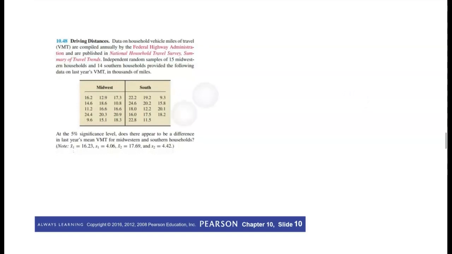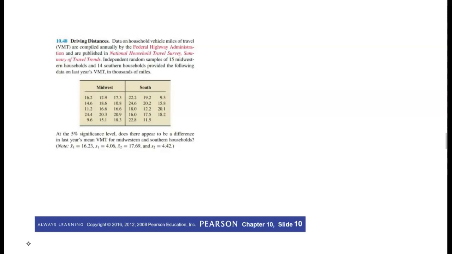So take a moment, read the problem. This is from our textbook. It's problem in Chapter 10, Section 10.2, number 10.48. I don't know the page, but you can find it. It has to do with household vehicle miles of travel, VMT, which are compiled annually by the Federal Highway Administration and published.